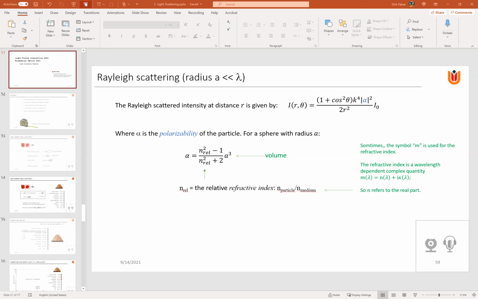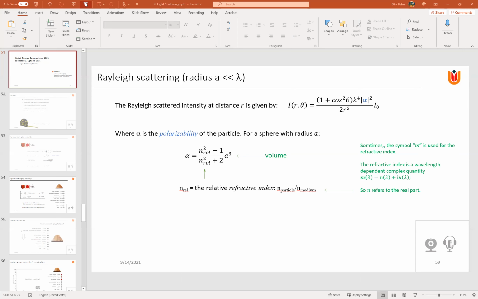There is the polarizability alpha in there, which basically defines the aforementioned ease of the molecule, of the particles to form dipoles, and that you can write for a particle with radius a as such.